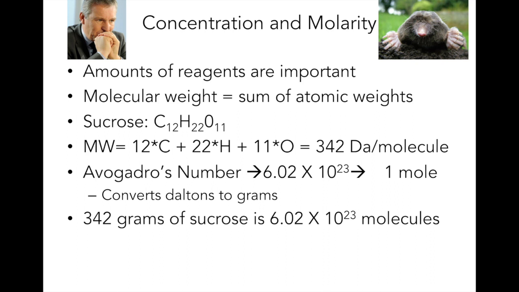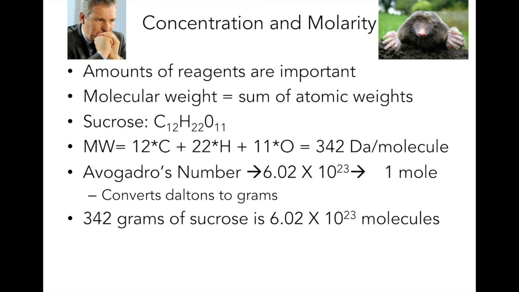so we want to have some way of having a consistent amount of sucrose whenever we want to make a cake, for example, or make a sucrose solution, add sucrose to water in a lab for an experiment.